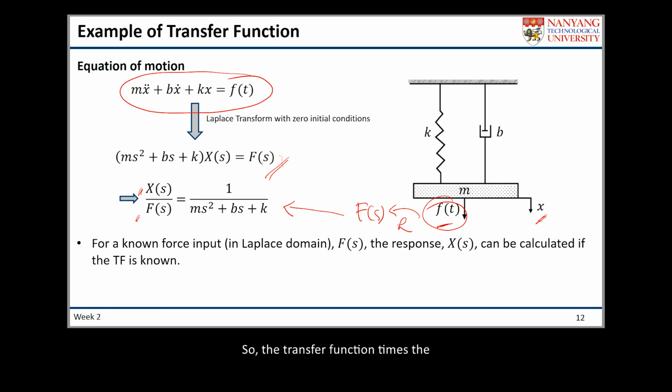So the transfer function times the force F, you will get X, the response. But again, the response that you get after you multiply F(s) by the transfer function is the response X in the Laplace domain. Your response is still in the Laplace domain. Refer again to your Laplace table. You can inverse Laplace it, and then you will get the response x in the time domain. So that's how the transfer function of a system helps us in analyzing the response of the system.